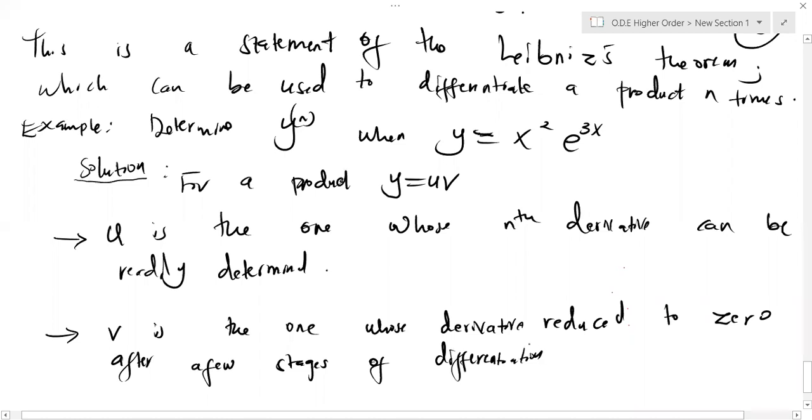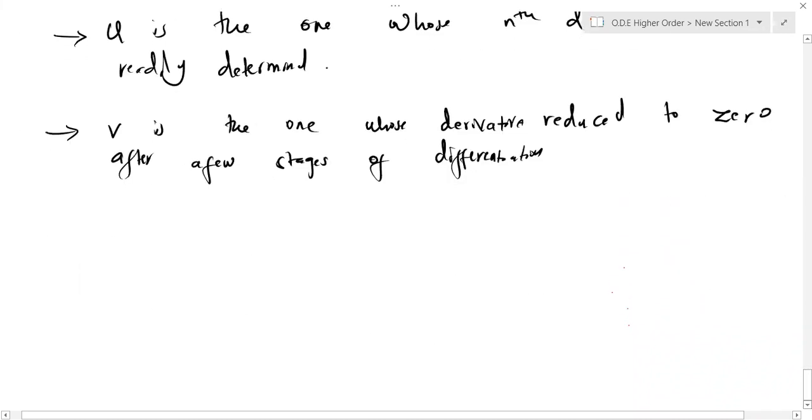What's going to be our u and what's going to be our v? If we differentiate x squared, we will realize that its third derivative is going to be 0. So x squared is going to be our v, and our u is going to be exponential 3x.